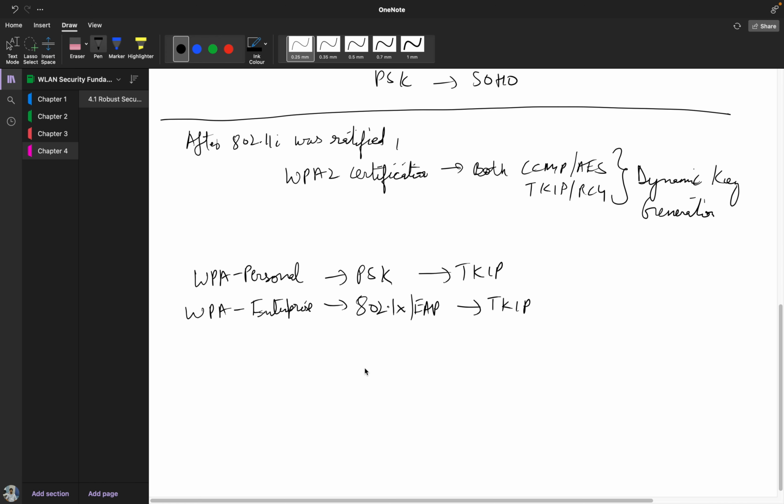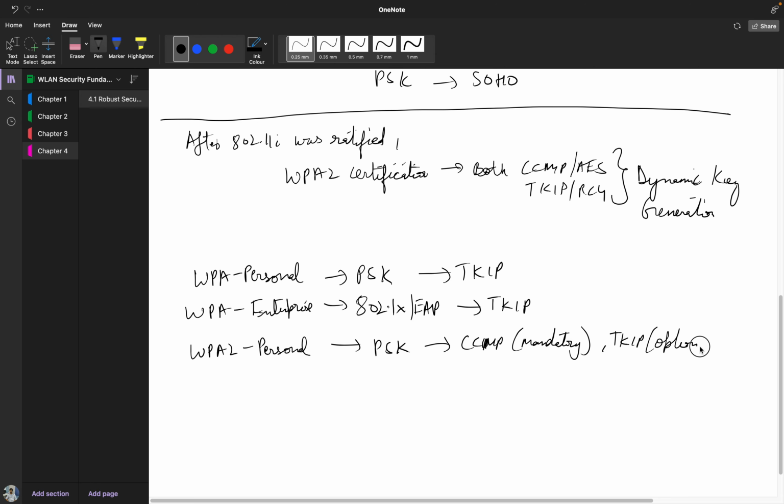Now when WPA2 came into the picture, WPA2 Personal also used PSK, but it supported CCMP as the default, mandatory method, and TKIP as optional.